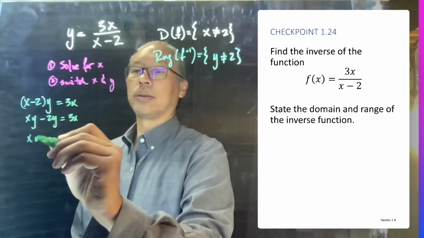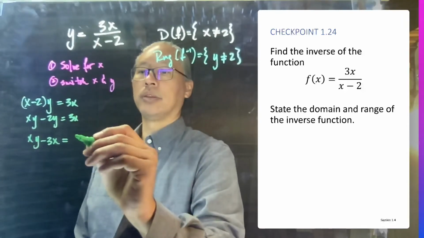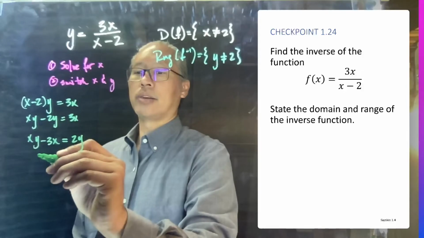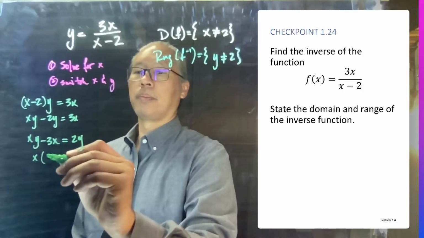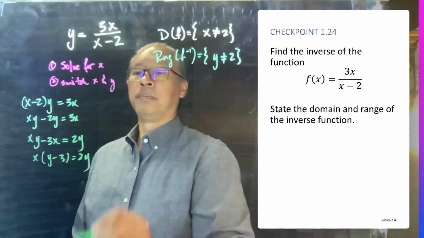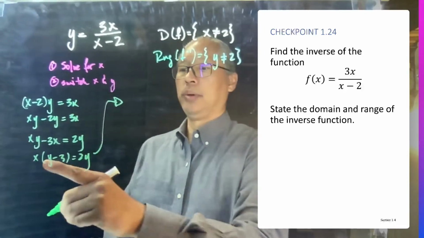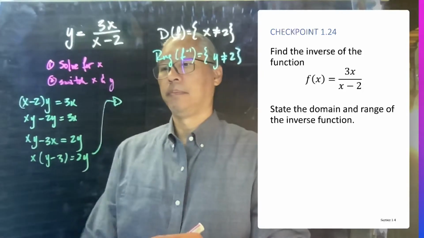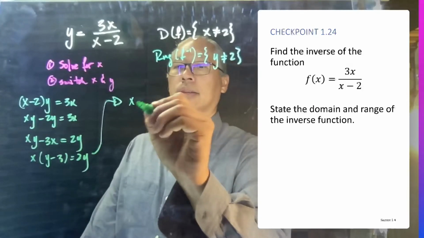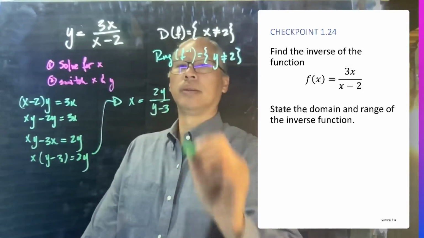So it'll be xy minus 3x, and we'll put the 2y over to the other side, and it'll become positive, and we'll factor out an x. Okay, and so we'll just put that here. We will divide by y minus 3, so x is going to equal 2y divided by y minus 3.